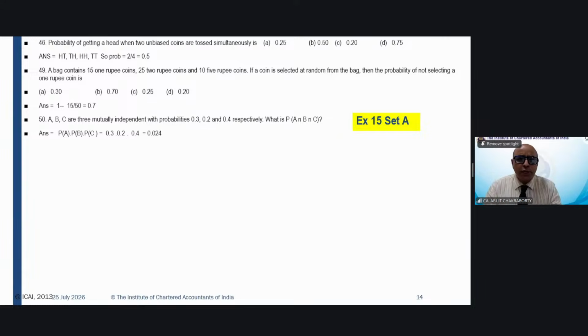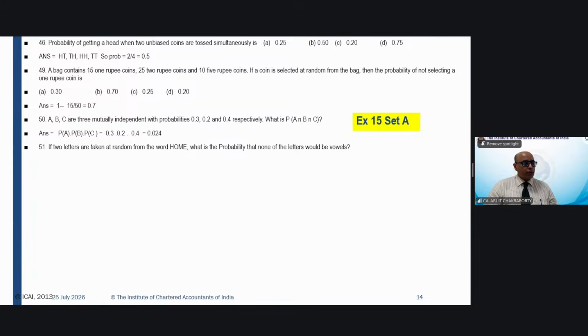It is just the product of their individual probabilities. The question gives you the individual probability of A, B, and C. Just multiply. So 0.3 into 0.2 into 0.4, that gives you the joint probability that A, B, and C are occurring together simultaneously. That means all of them are occurring.